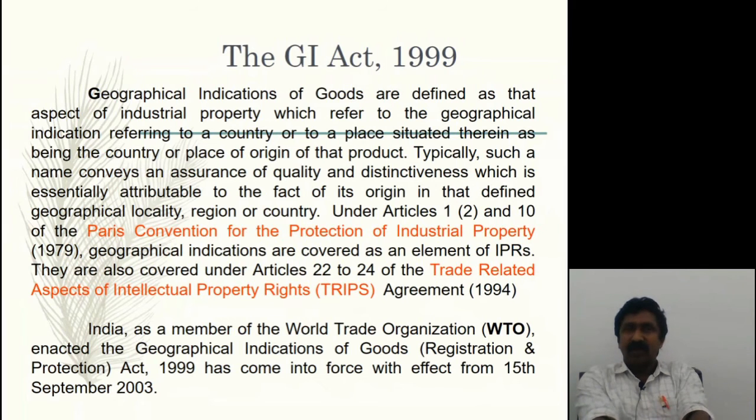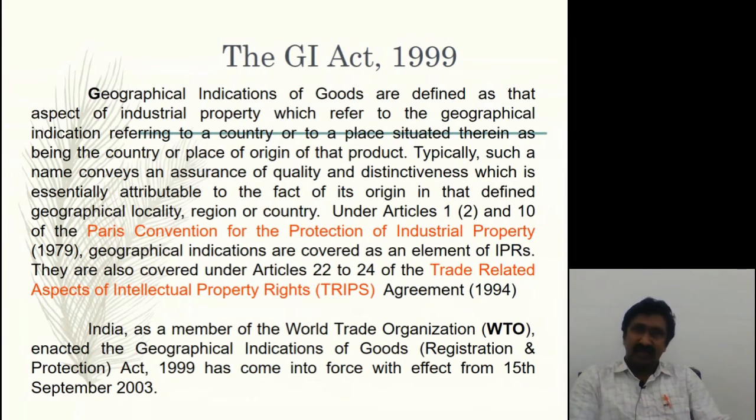For example, Kanchipuram silk. The name is associated with Kanchipuram. Maybe somebody else can try to produce the same silk at Tanjavur or Delhi or Mumbai, wherever it can be produced. But Kanchipuram silk is the silk that is actually made in Kanchipuram.